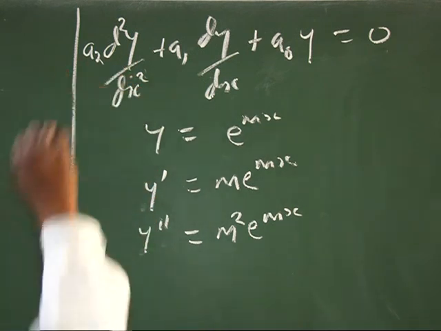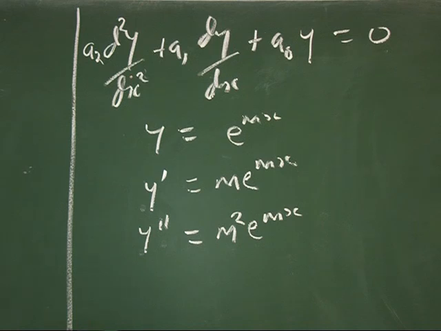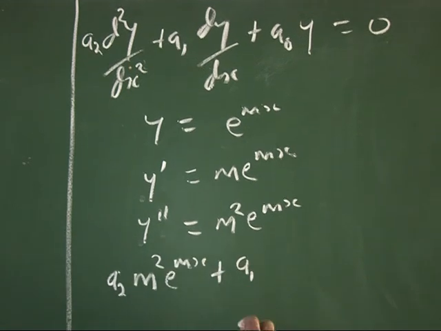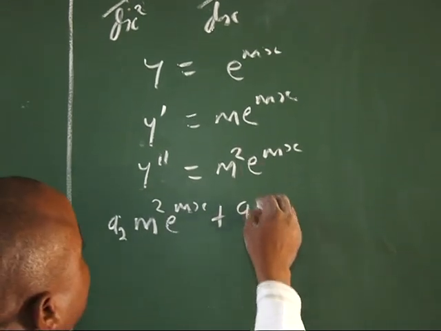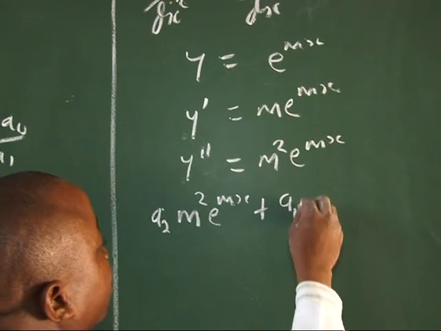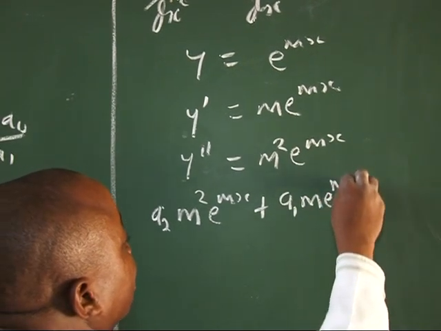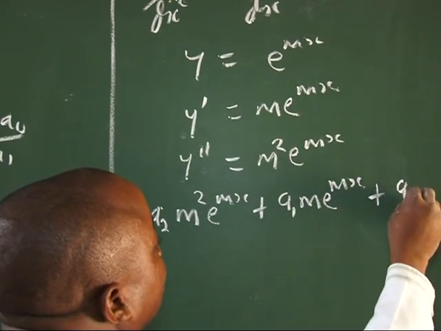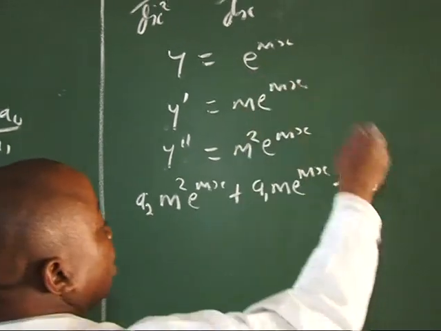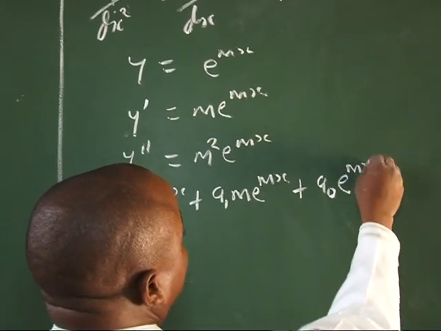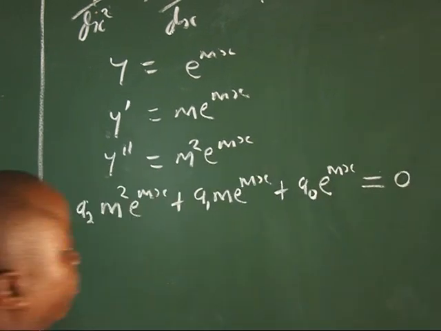So putting it in this equation, we will have a subscript 2 m squared exponential mx plus a subscript 1 m exponential mx plus a subscript 0 exponential mx is equal to 0.